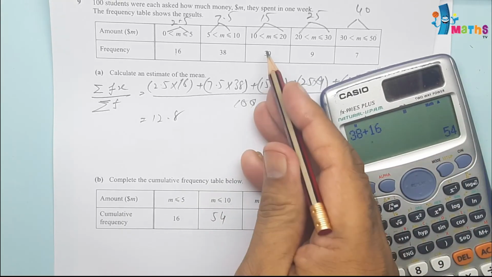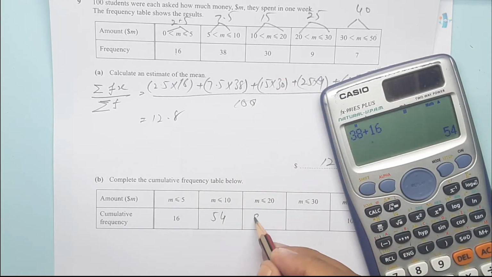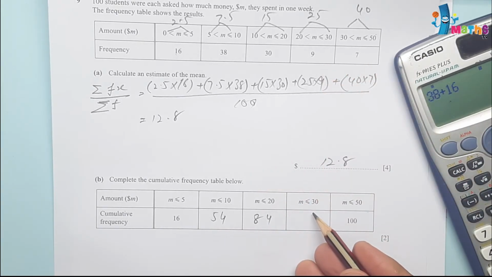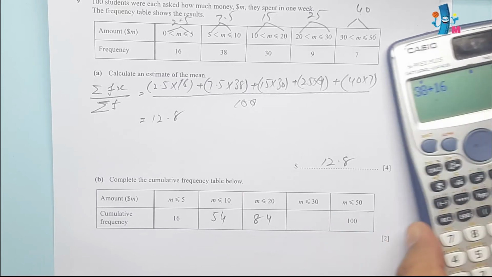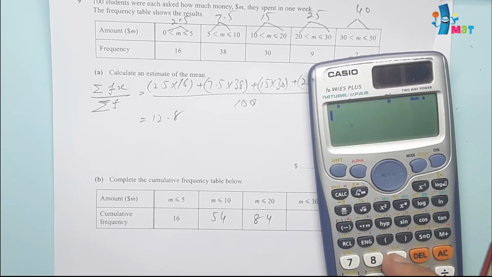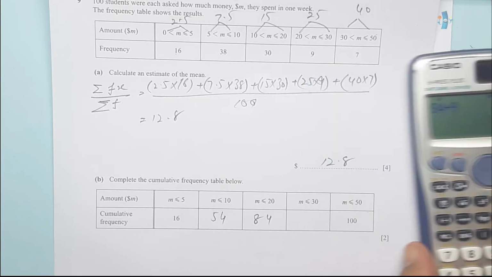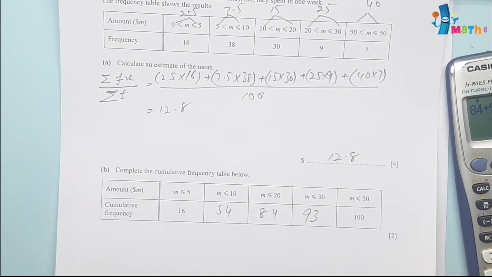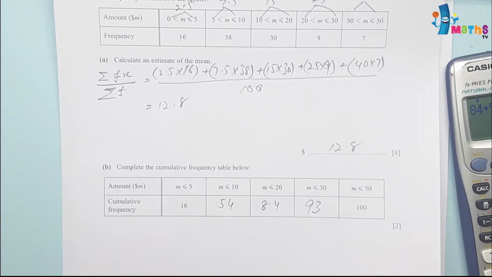Less than or equal to 20 is 30 plus 54, which is 84. Less than or equal to 30 is 84 plus 9, which is 93, and the last value is already given, which is 100. Now we have completed this table.